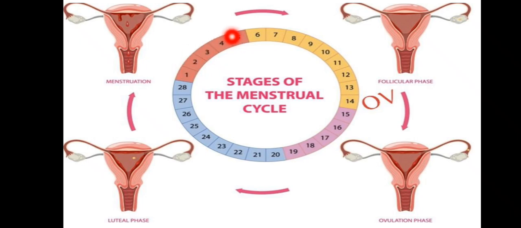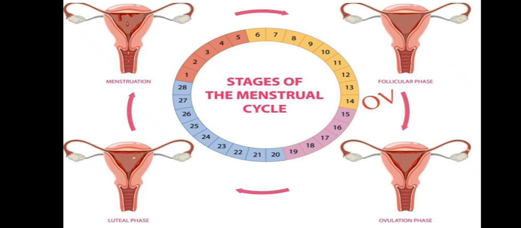After the first 5 days are done, what is happening in this particular uterus lining? From day 6 up to day 14, you can see here, in the uterus, it's not shedding off. There is no menstruation. It simply means that this layer that was shedding off, bringing about blood flow, will start growing back again.